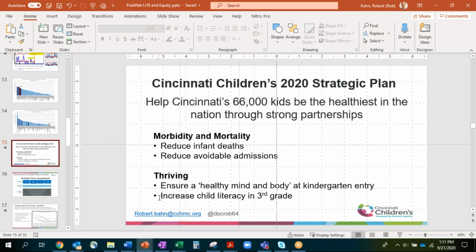So there was that whole process I mentioned we went through, and we've been working on this now. We just finished up the 2020 plan. The key is establishing denominators to do it, but you can imagine each one in itself is one of those big, hairy, audacious goals. How are we going to get all kids reading, or who even has an operational definition for numerator and denominator on healthy mind and body at kindergarten?